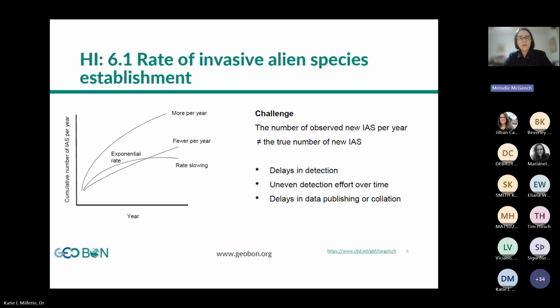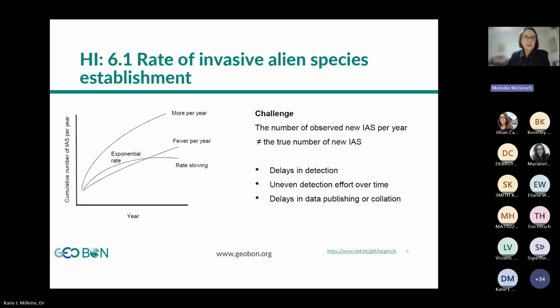I will also say upfront that the work we've been doing and the work I'll present here has been explicitly designed so that the indicator can be produced at national scales and at regional scales. So we're not talking here today about estimating invasion trends globally, but rather what is needed to do this, in particular within and for countries.